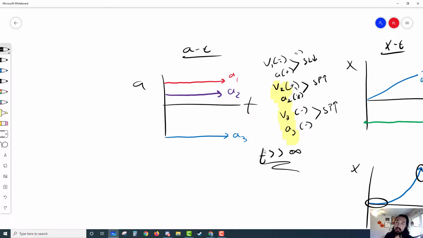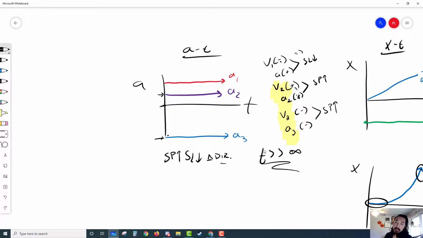The way we approach this is we take a look here. Object 2 doesn't have a big acceleration. It's pretty close to the 0 axis compared to object 3, which I purposely drew way down here, so the acceleration is greater. Now remember, acceleration means the object is speeding up, slowing down, or changing directions.